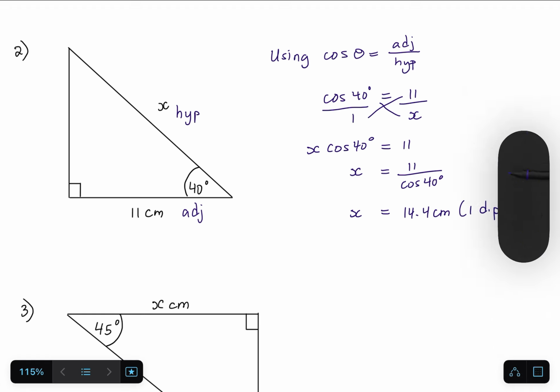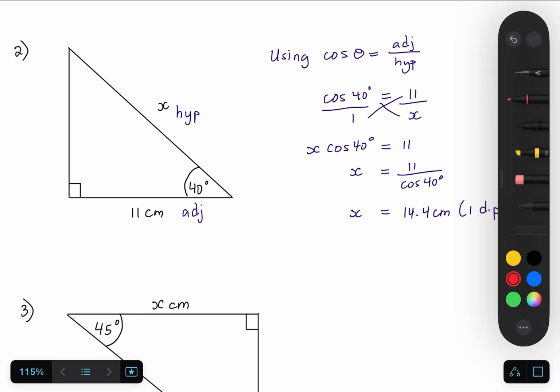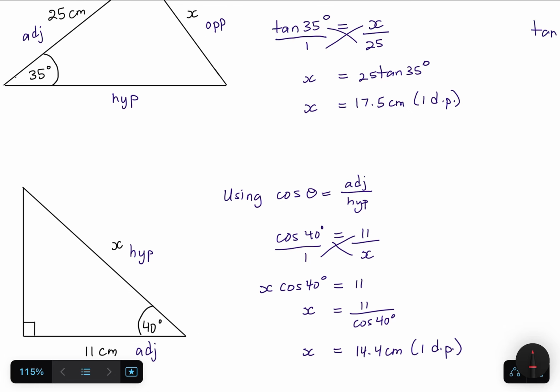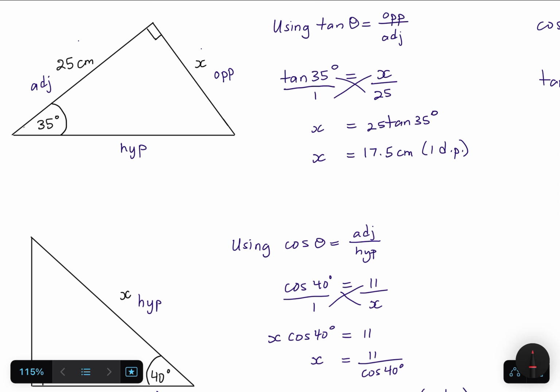So let's just pause for a minute and look at the fact that if you have the unknown side in the numerator, like here, then you multiply the known side by the cos, tan, or sine of your angle of interest.